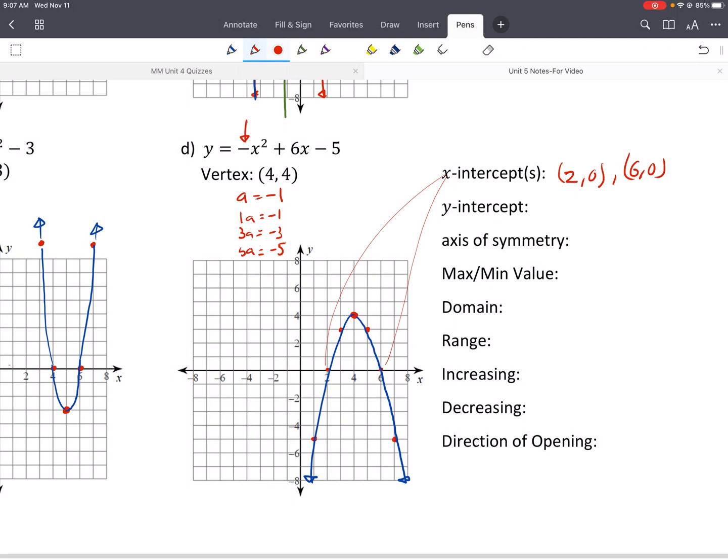One thing you can always do is that we know if it's the y-intercept, x is going to be 0. And if we know that x is equal to 0, then we could plug in 0 for x, and we'd end up getting y is equal to 0 plus 0 minus 5. So we'd end up getting -5.